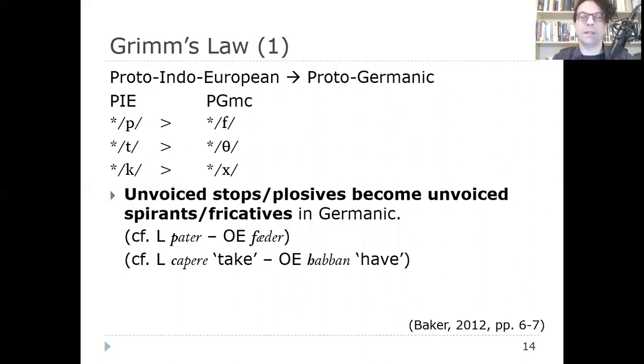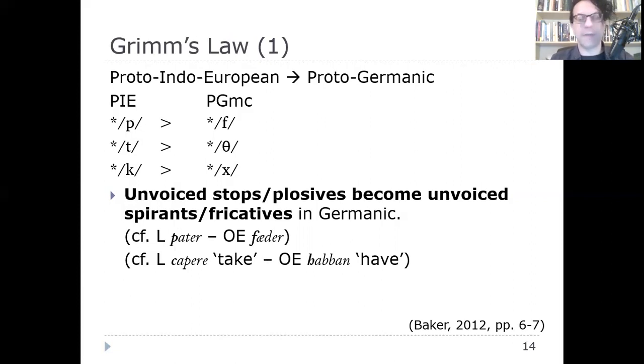One part of it says that, well, Proto-Indo-European, that would have been the very, very original version of this language, from which then Latin, Sanskrit, Greek, and lots of other languages, the Balto-Slavic languages, the Celtic languages, and so on, split off over time. But Proto-Indo-European seems to have had a P sound there, which then in Proto-Germanic turned into, or got replaced by, or however you want to say it, an F sound instead.